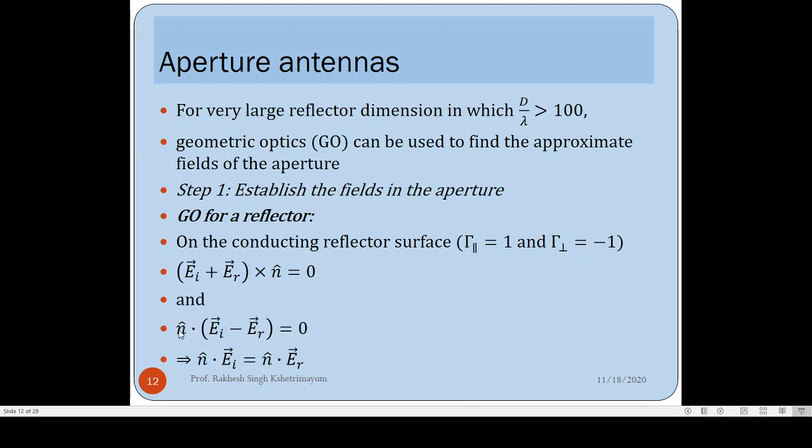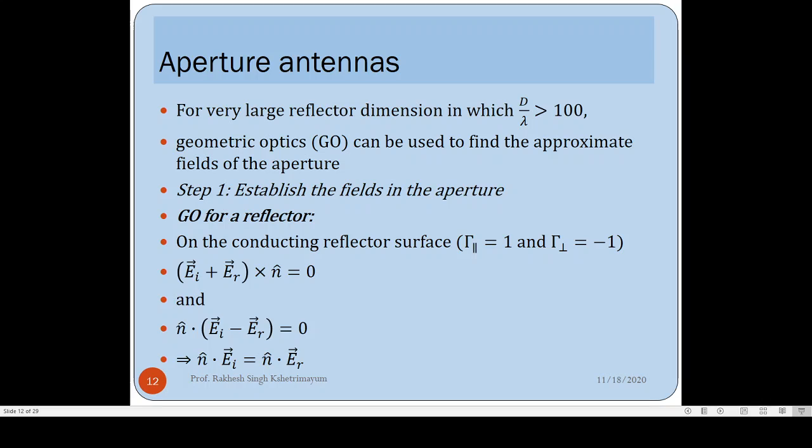And for the normal component, n dot E_i should be equal to n dot E_r. Reflection coefficient for parallel polarization should be equal to 1, and reflection coefficient for perpendicular polarization should be equal to -1. So applying these two conditions, you can get these two relations here. From these two relations, I want to find the aperture field.